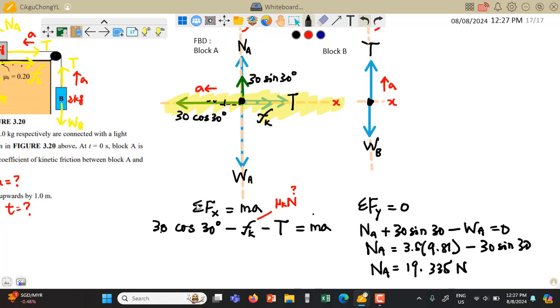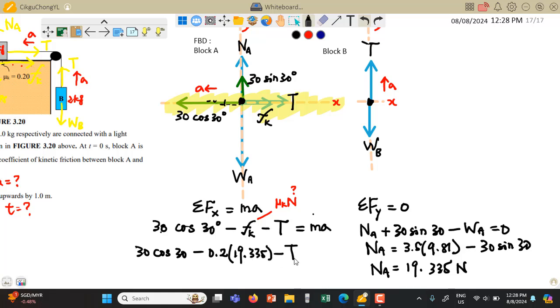Okay, so once I get the normal force acting on block A, I can put it back into Newton's second law equation for the x direction. So I'm going to have 30 cos 30 minus Fk, which is mu Kn. The value of mu is 0.2, and the value of normal force is 19.335.